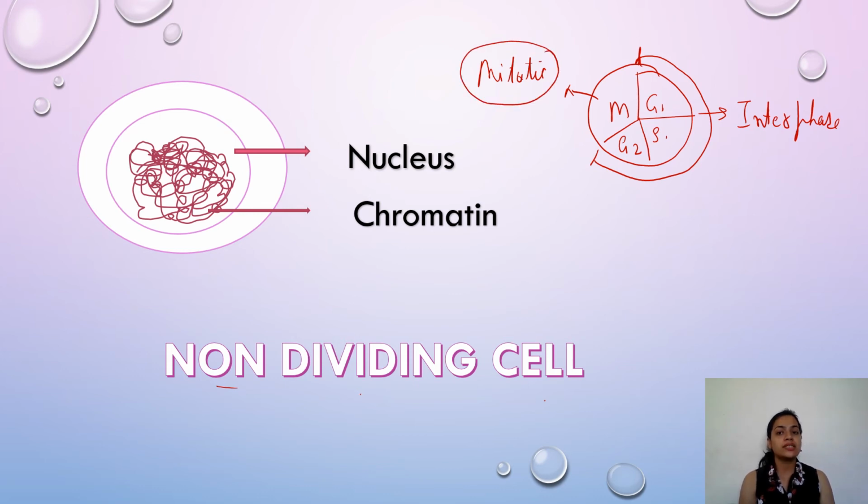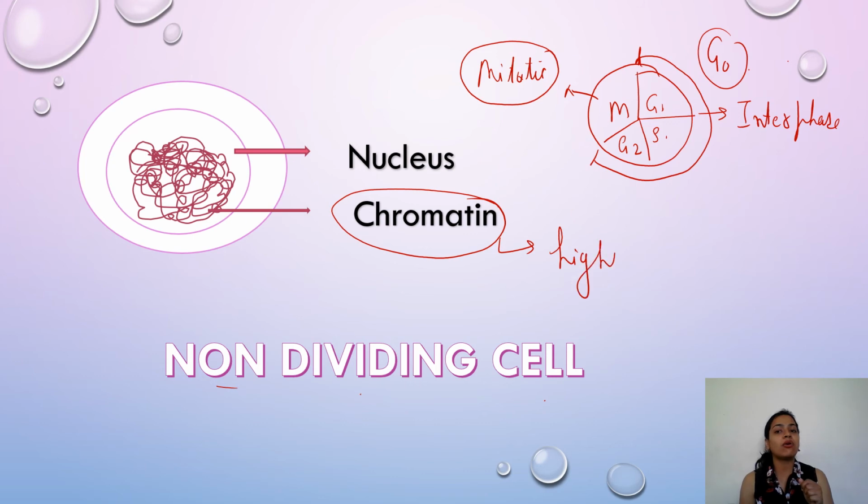Fine. So whenever a cell is present either outside of the cell cycle, that is in the quiescent G0 phase, or in interphase, at that time the nucleic acid is present in the form of chromatin, where the DNA has been folded, but right now it is a highly coiled structure.